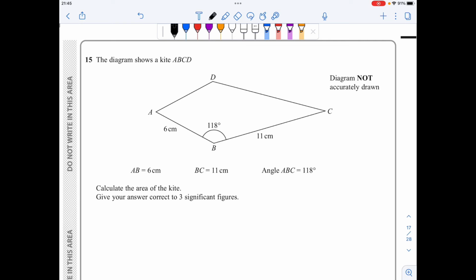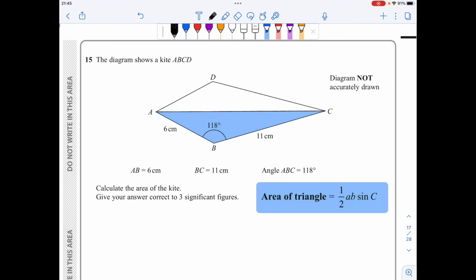To find the area of the kite, I'll start by joining AC. This creates two identical triangles, and to find the area of one of those triangles, I will use the following formula, which is given on the formula sheet on page 2.